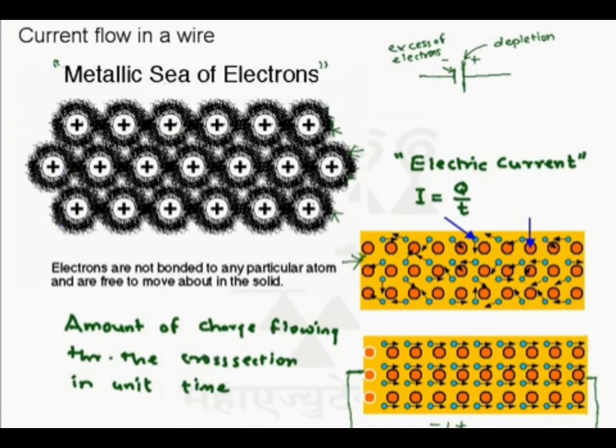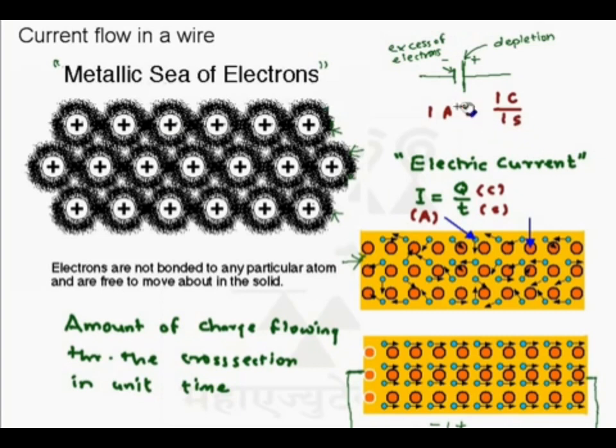Now we know that the unit of charge is coulomb and the unit of time is second, and the unit of electric current is ampere. So 1 ampere current is equal to 1 coulomb upon 1 second.